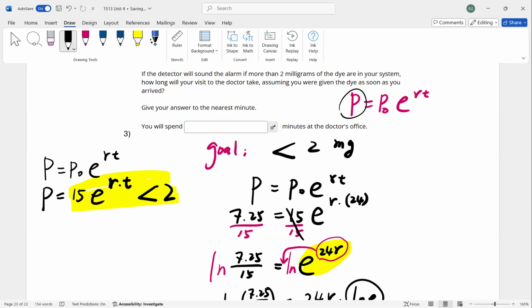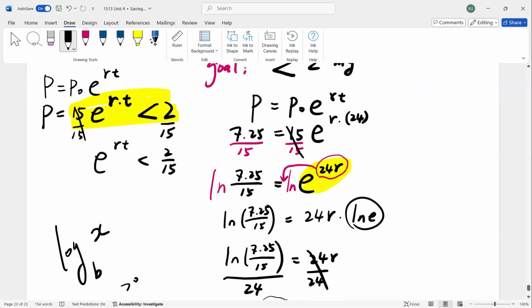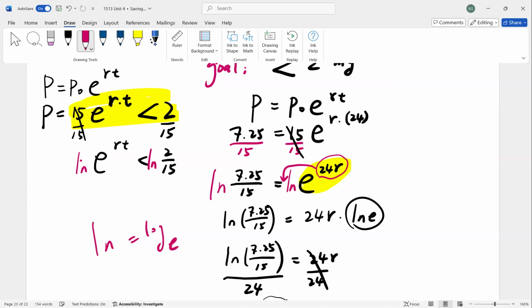So we want to solve for t. Again, r is known; we found r earlier. We divide each side by 15, and we have e to the power rt less than 2 over 15. Then we take ln on each side. We can do so because the natural log, with base e, is an increasing function. e is about 2.7, bigger than 1, so it's increasing.